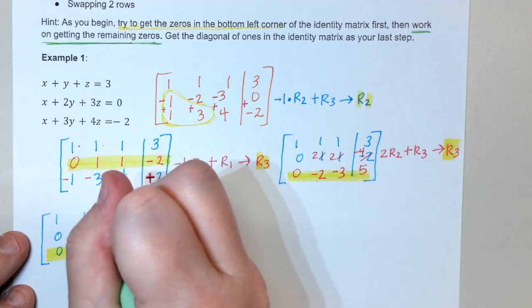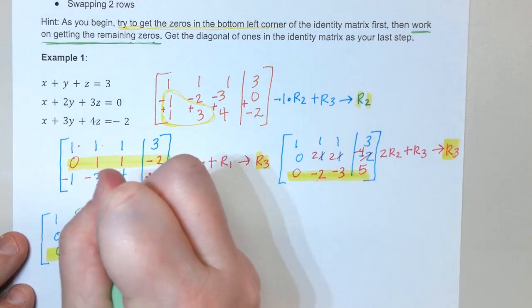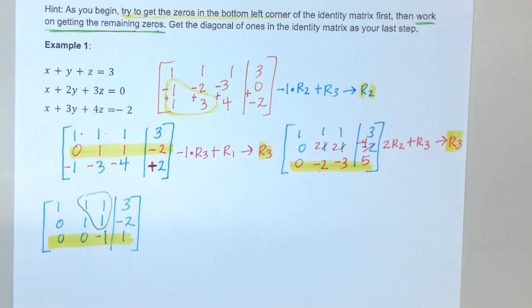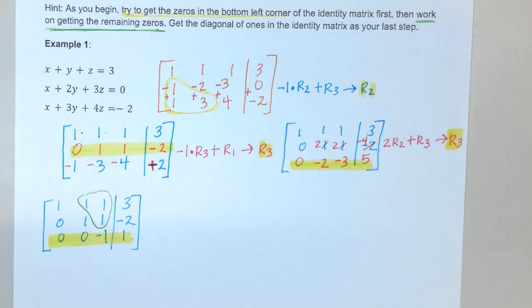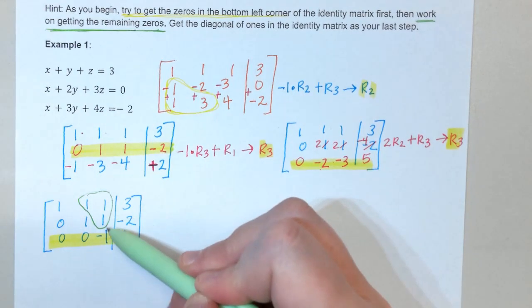Next part of the hint says work on getting the remaining zeros. So that's going to be this top right corner. We're going to work on getting those to be zeros. I see 2 of them that we could get really easily. Which 2 can we get really easily? What happens if I add row 2 and row 3?